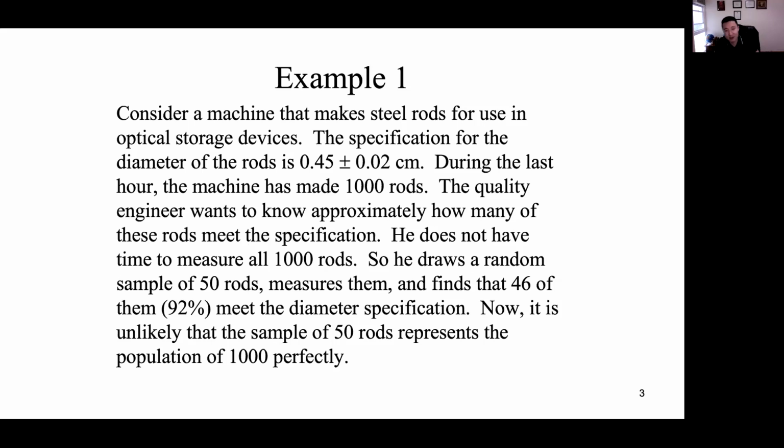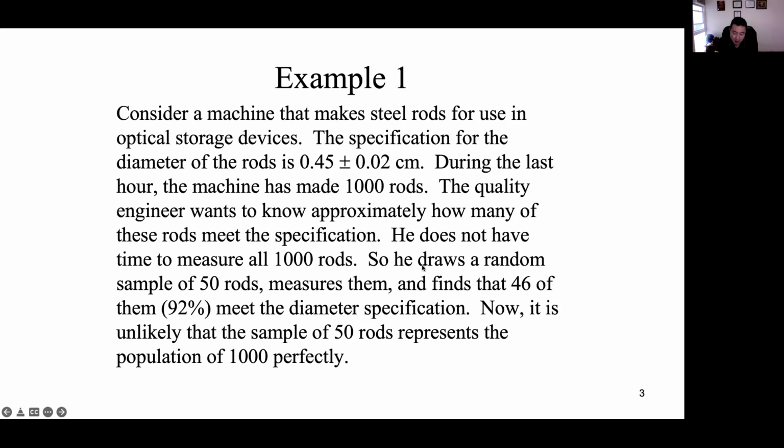But it is very, very time consuming to measure the diameter of these 1,000 rods. So what he does is draw a so-called simple random sample of only 50 rods from these 1,000 rods. He measured the diameter of these 50 rods. He found that 46 of these 50 rods, or 92%, meet the specs, 0.45 plus or minus 0.02 centimeter.